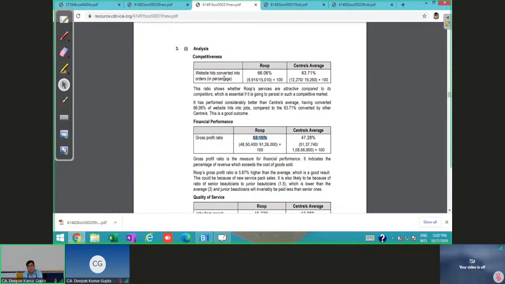In the average center the ratio is 63.71%, while Roop's ratio is 66.06%. It means Roop's performance is better.